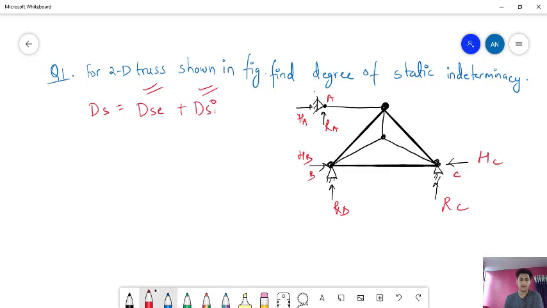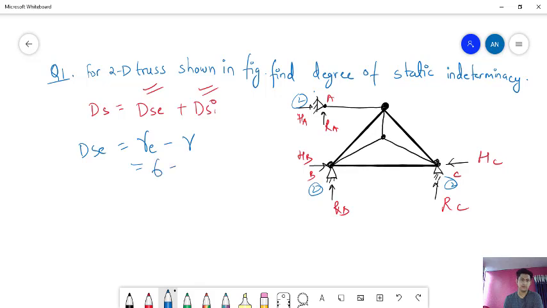For external indeterminacy, the formula for a truss is external equals Re minus r, that is external unknown reactions minus the equations of equilibrium. So the unknown reactions are 2, 2 and 2. So 1, 2, 3, 4, 5, 6.